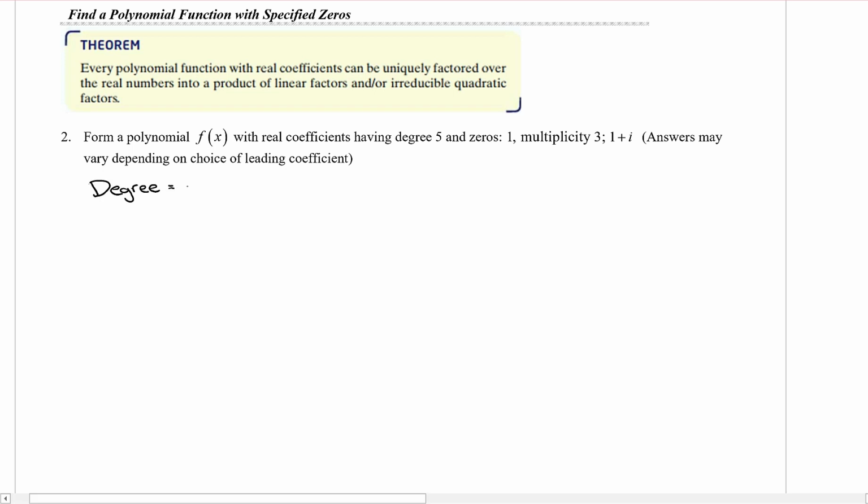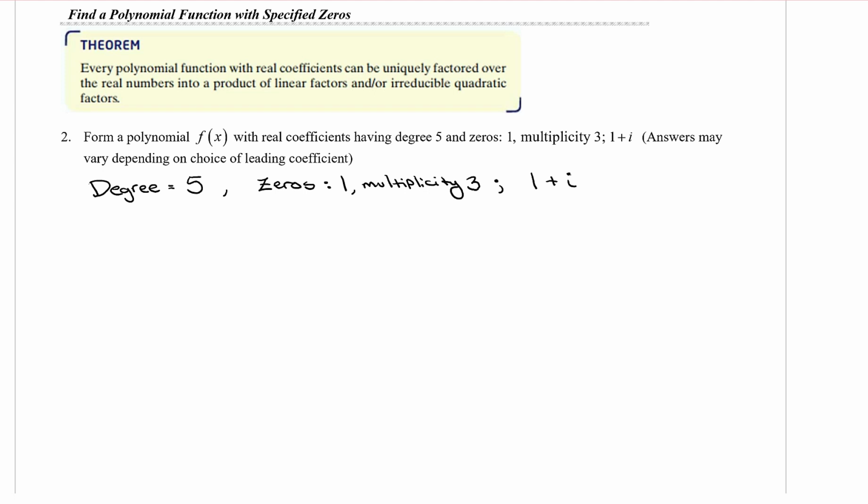So if the degree is equal to 5, there's got to be 5 zeros, right? And the zeros that we know of so far are 1 with multiplicity 3. That means 3 zeros of 1, and 1 plus i.